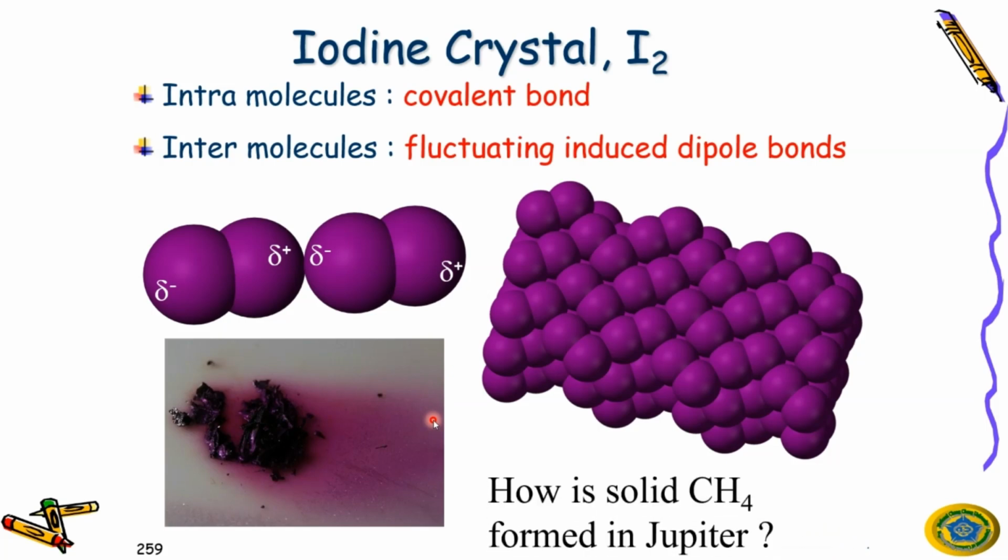So now, can you realize how we can find solid neon on Jupiter, on another planet? Neon is a nonpolar molecule, right? If it is nonpolar, how can you make a solid? By London dispersion force.